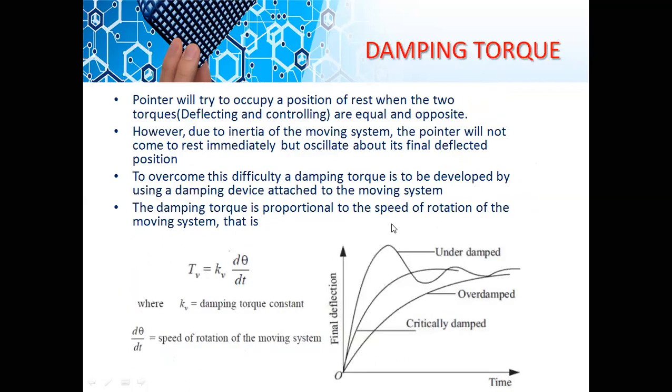Hence, we have seen two different types of controlling torques. Now let us see damping torque. The pointer will try to occupy a position of rest when two torques are equal and opposite.